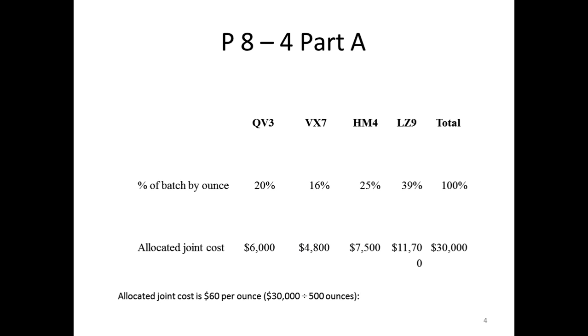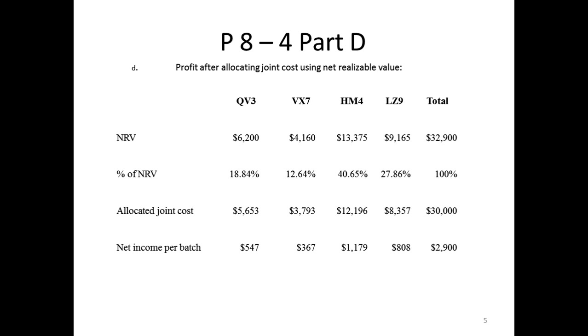Now let's take a look at part D, where the allocation is using a net realizable value. Now, net realizable value in the case of QV3, VX7, HM4, and LZ9 means that HM4 gets the highest allocation at 40.65% of the net realizable value.